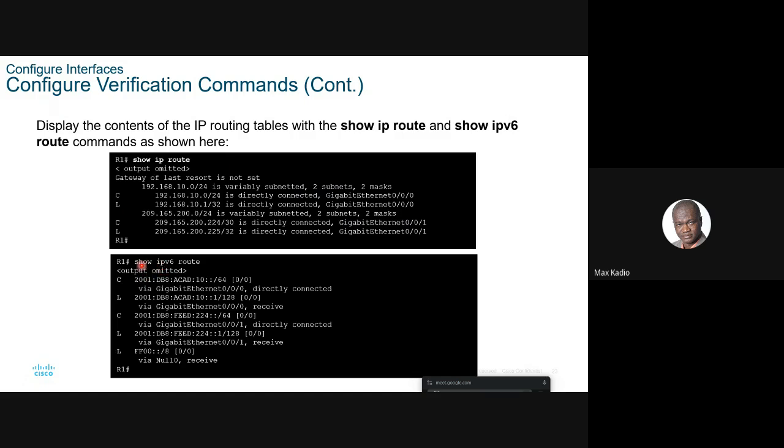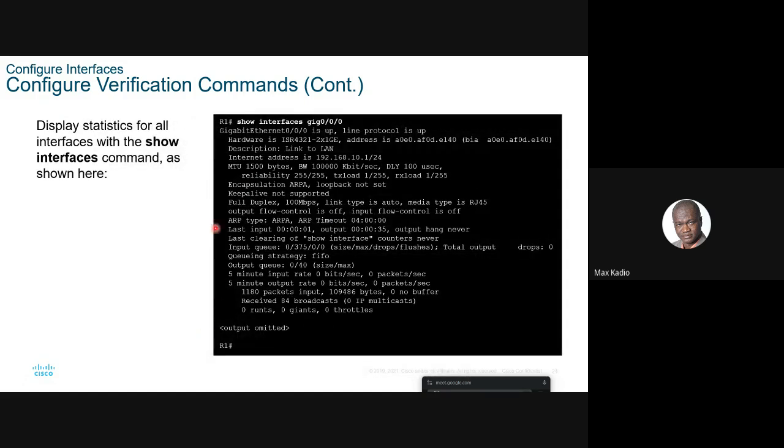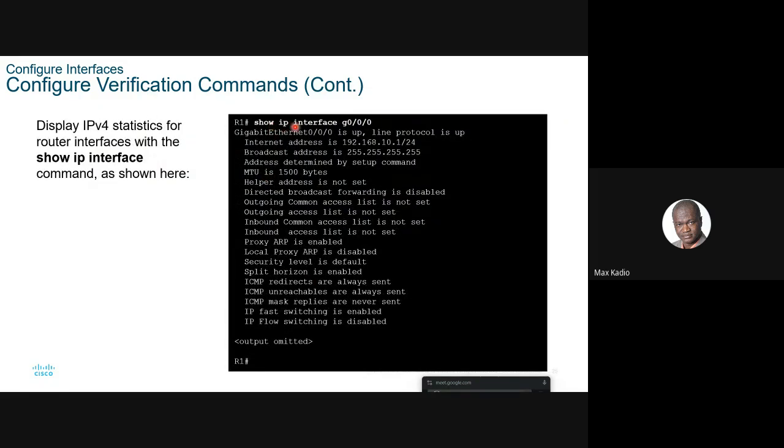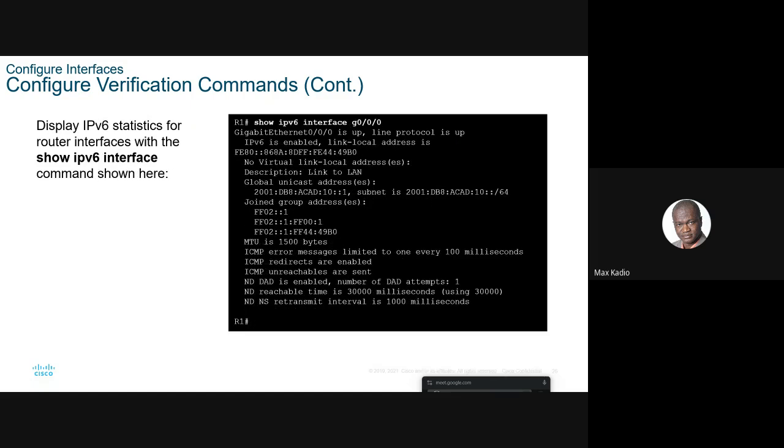For IPv6, show ipv6 route will display the IPv6 routes. Show interfaces, you can see some stuff. Show ip interface. You can try it yourself when you do your Packet Tracer work.